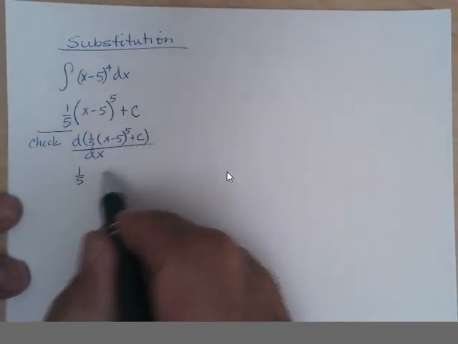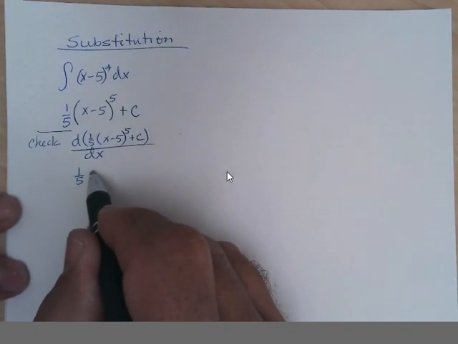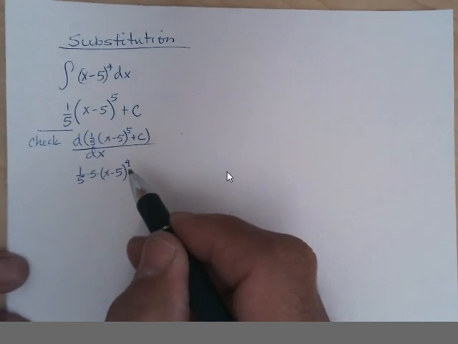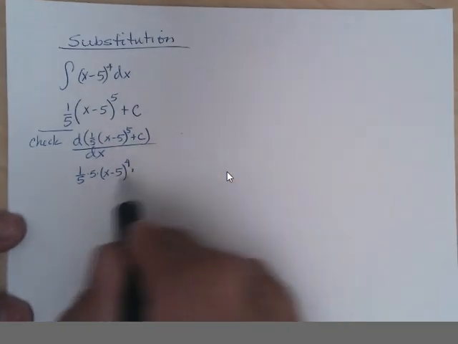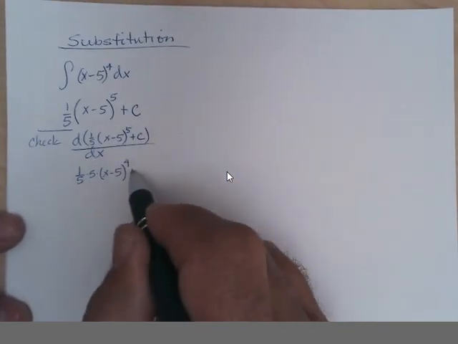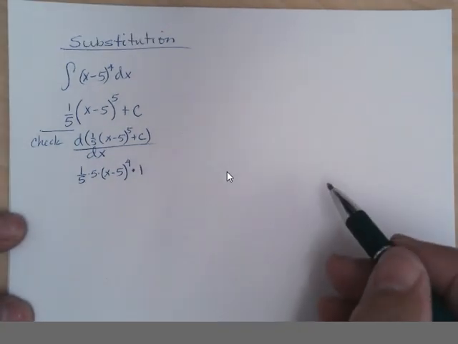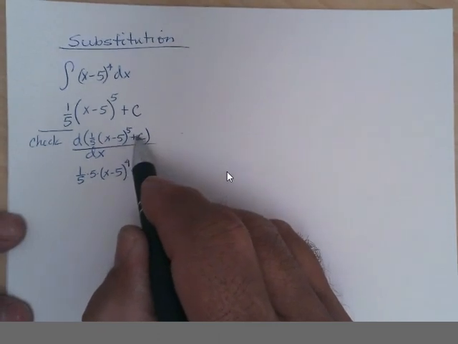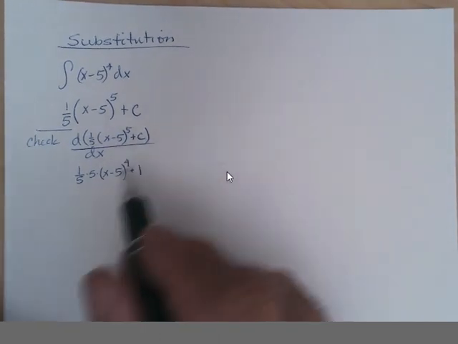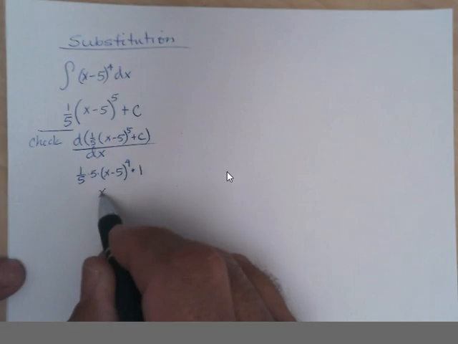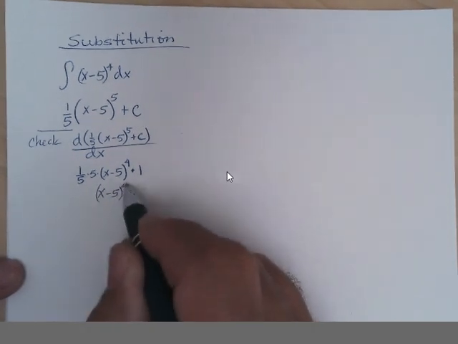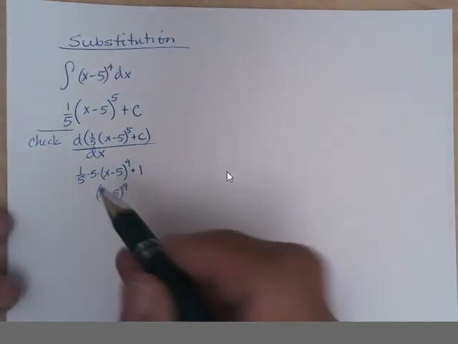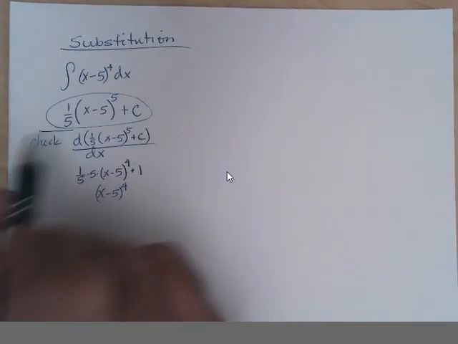This to the fifth, we'd take the 5 down times x minus 5 to the fourth times the derivative of the inside, but that happens to be 1, so the chain rule doesn't produce anything that messes things up here. And the derivative of the constant that's added is 0. The 1/5s cancel, and I get x minus 5 to the fourth times 1, which is just what we wanted. So this is the correct antiderivative.